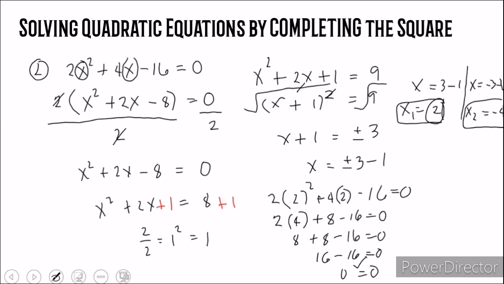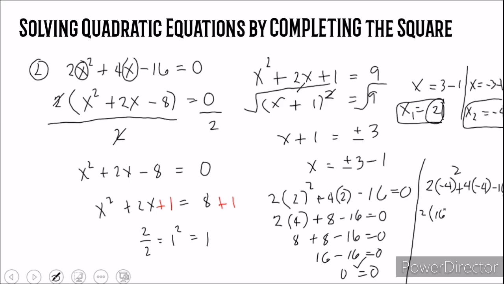So, tama. Yung isa naman ay negative 4. So, palitan natin lahat ng x ng negative 4. So, we have 2 times negative 4 squared plus 4 times negative 4 minus 16. So, we have 2. Negative 4 times negative 4 is 16.